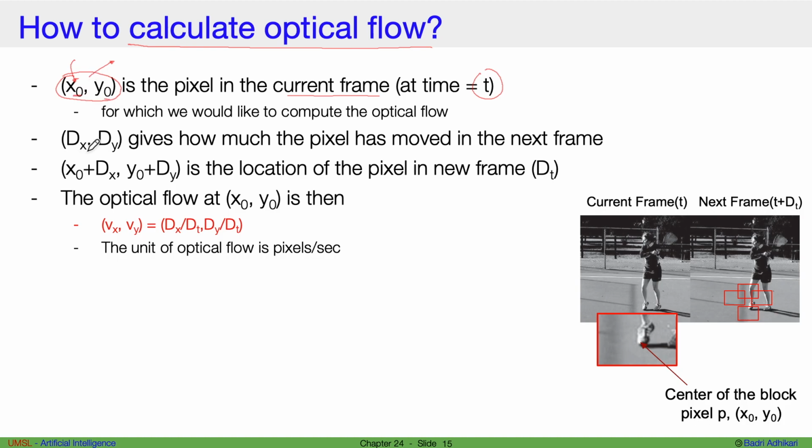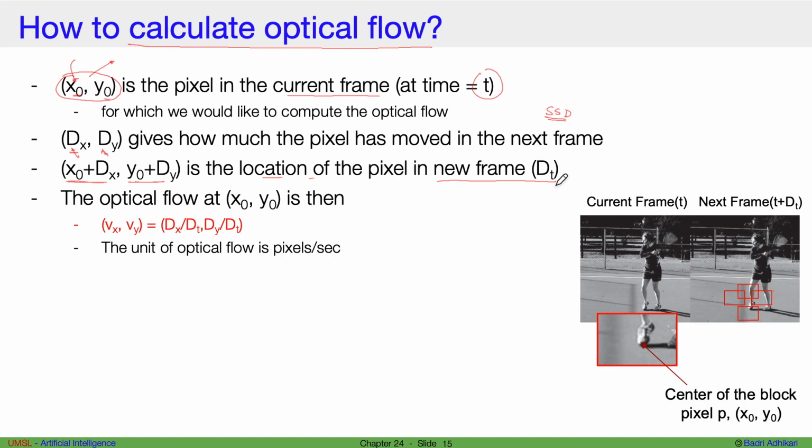Let's say that from the previous slide, we were able to calculate the optimal values of dx and dy that give us the minimum SSD. So now we have the number of pixels that this pixel has moved in the second time frame. Then x naught plus dx and y naught plus dy is the location of the pixel in the new time frame.